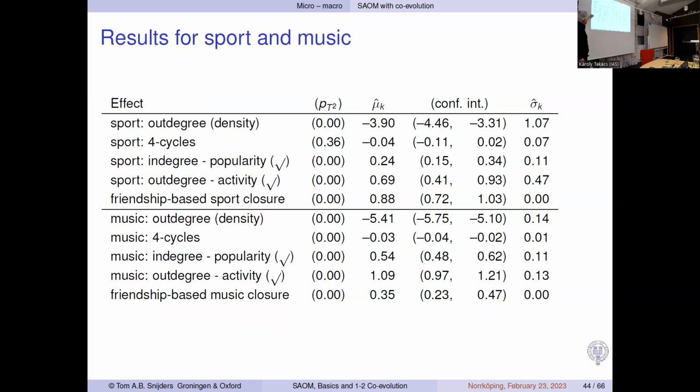Let me focus again just on the side. This is a much smaller table because there is less information in two-mode networks than in one-mode networks. So for one-mode networks, to model them reasonably, you need more effects. Here are the mixed closures. If you are friends, will you tend to do the same sport as your friend?